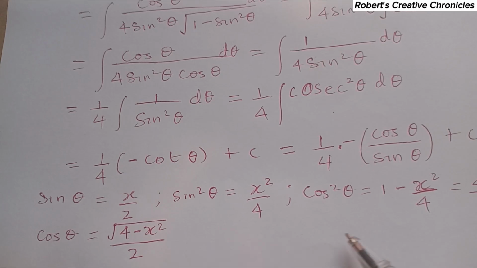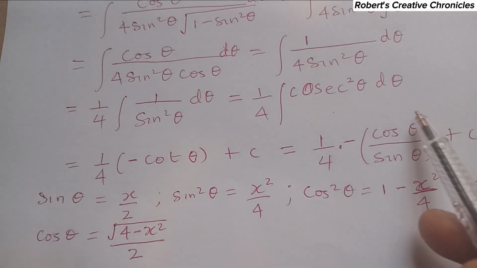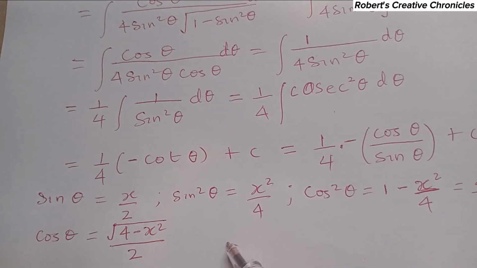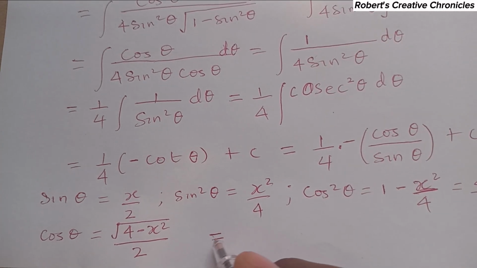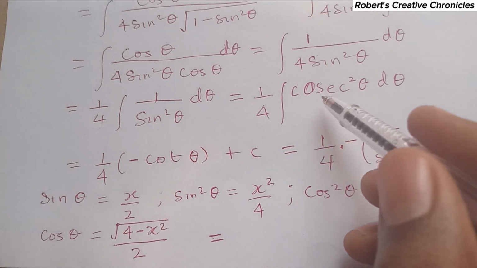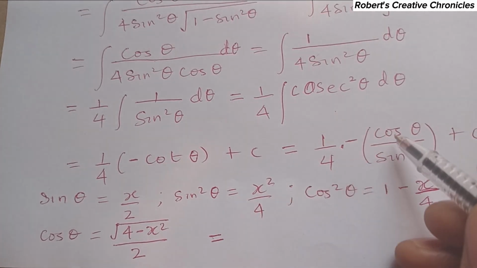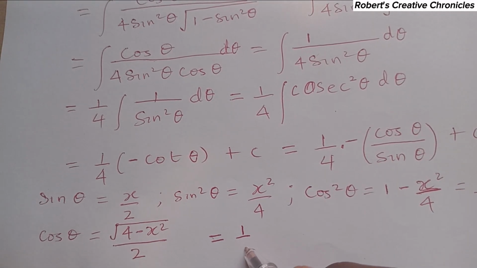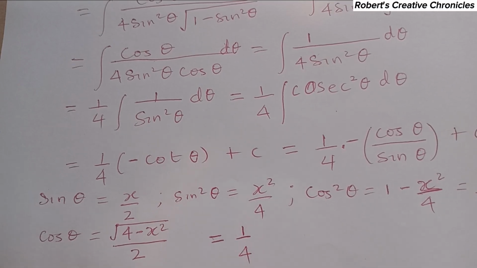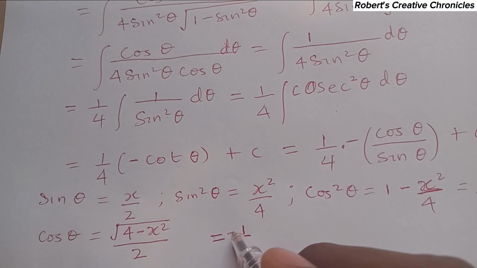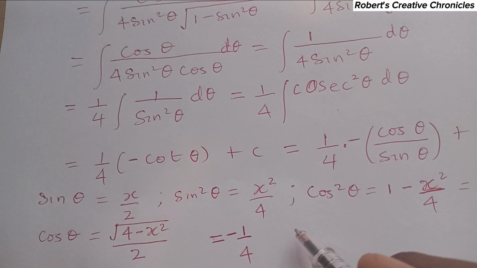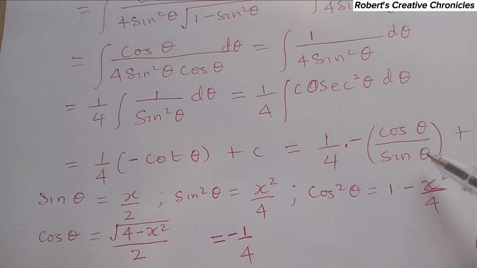Then we'll substitute everything back into the original equation, which is this one. So now this integral becomes what? We'll put the minus here now: minus 1 over 4, then cos theta divided by sine theta.